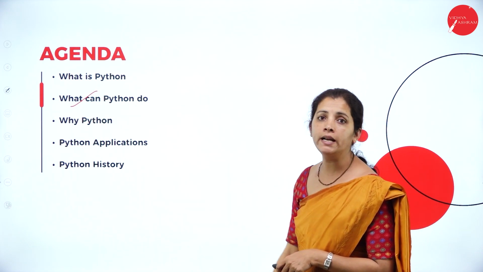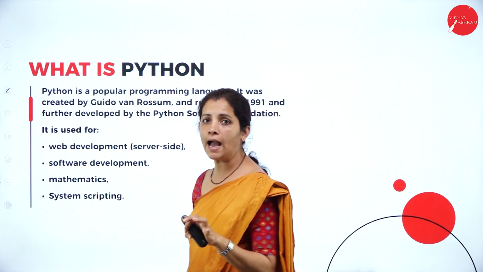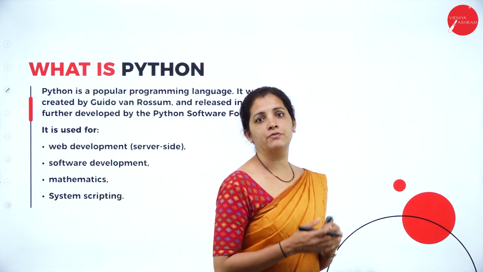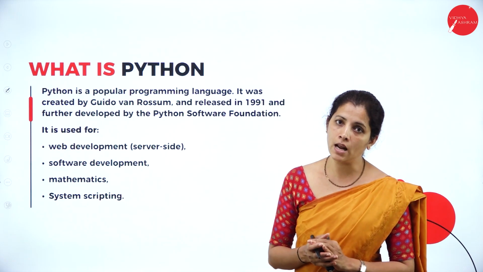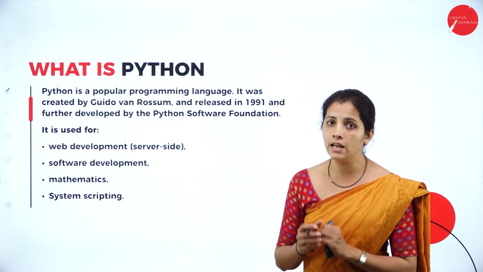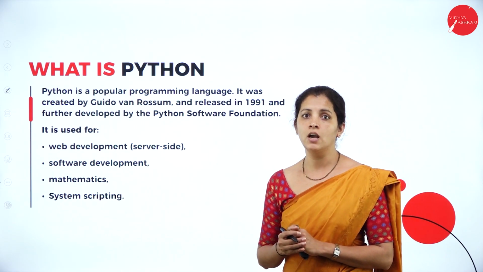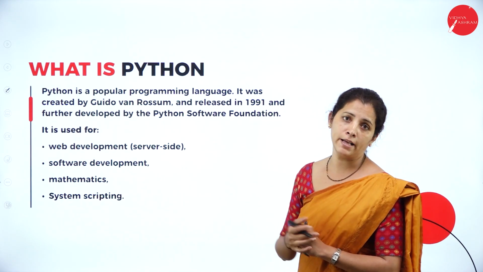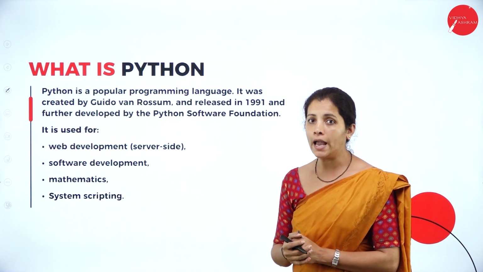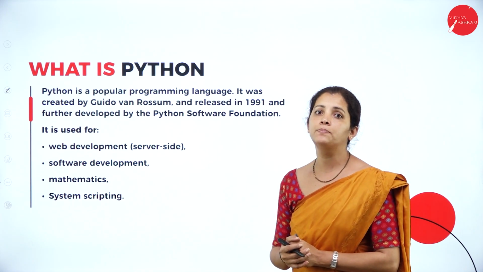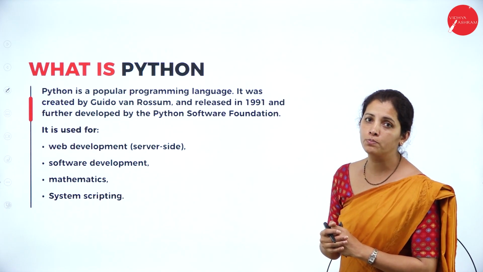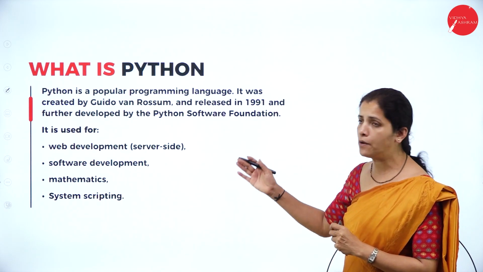Anyway, dear students, we have different kinds of programming languages, for example, high-level, low-level, and middle-level programming languages. Python is an example of a high-level general purpose programming language, and it's also an example of an object-oriented programming language.